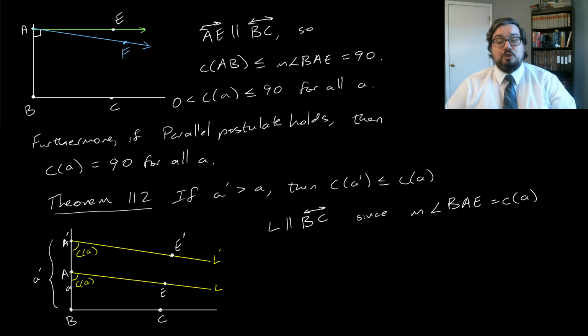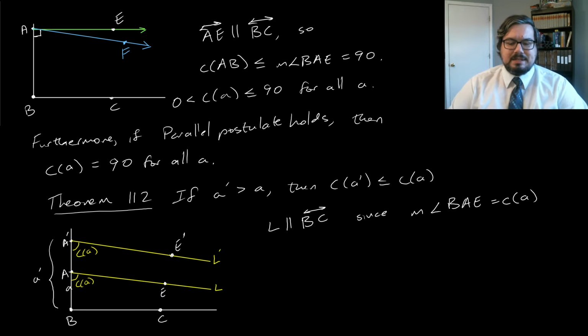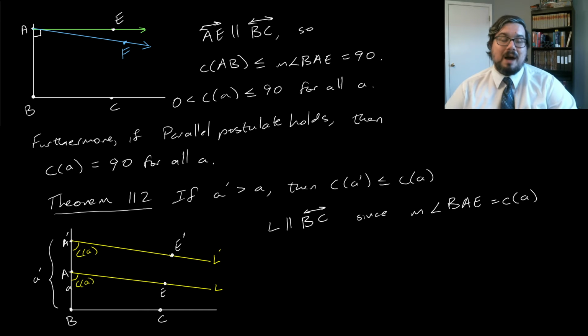And if this measure is equal to or greater than the critical number, then the rays don't intersect, and therefore these lines won't intersect. So L is parallel to BC, and notice that A prime and B are on opposite sides of the line L on the plane.